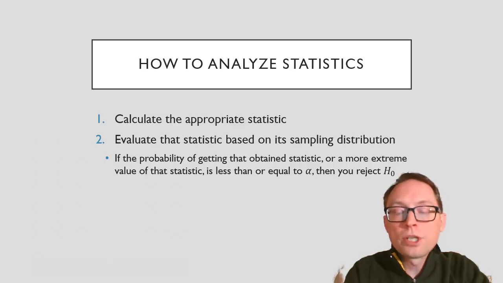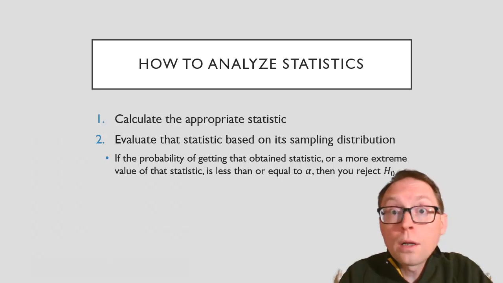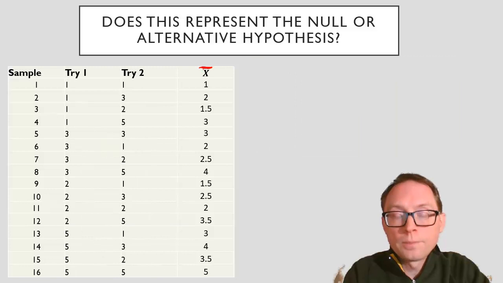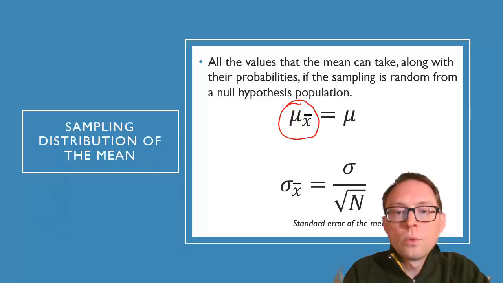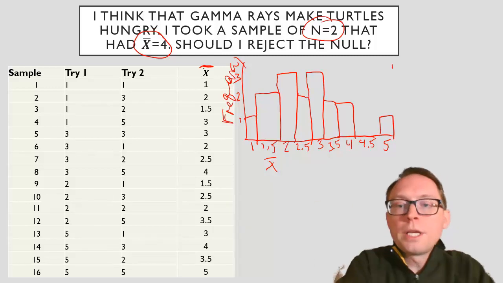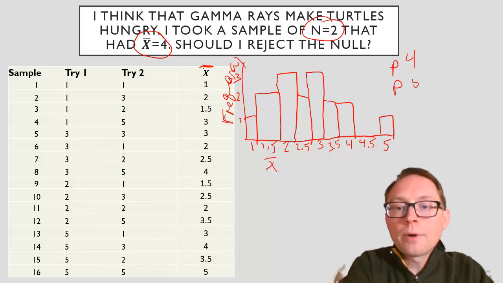Okay? We got a 4. So we need to see what is the probability of getting a mean of 4 or something more than 4. We need to get the probability of 4 and the probability of 5, because 5 is more extreme.